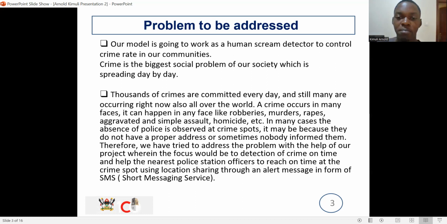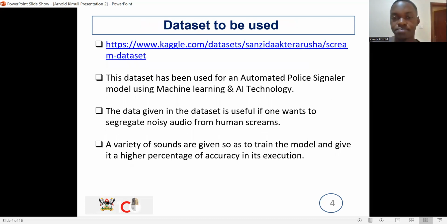Thousands of crimes are being committed every day, and many are occurring right now all over the world. I believe this automated police signaler, which will be able to detect human screams, is going to curb that crime rate.